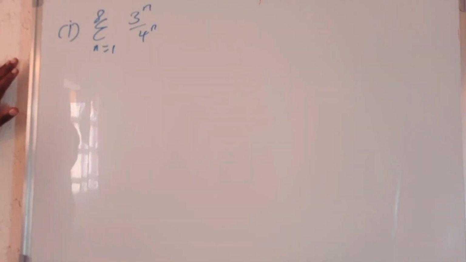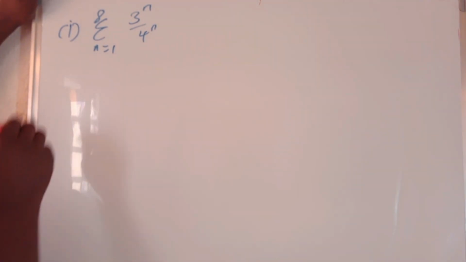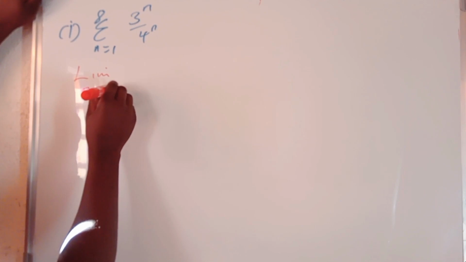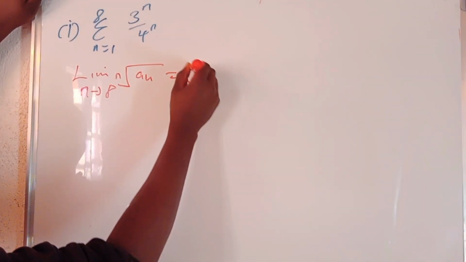Question 1. Use the root test to determine the convergence or divergence of this series. We have said that the root test states that the limit as n approaches infinity of the nth root of a_n is equal to rho.